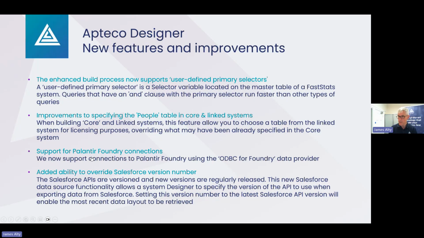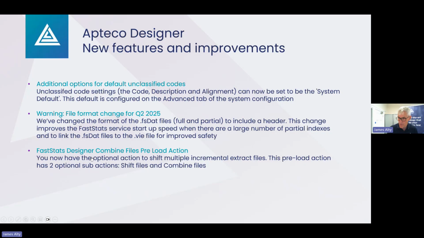We've improved our ability to do versioning with Salesforce, so you can use the latest version of the API. We've given you more options for how to code and describe unclassifieds. For example, I've already made the warning about Q2 introducing a versioning change in the file format. So if you use Q2 Designer, you must use Q2 Service and Fast Steps Launcher.